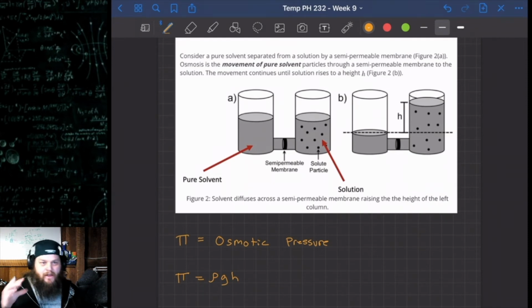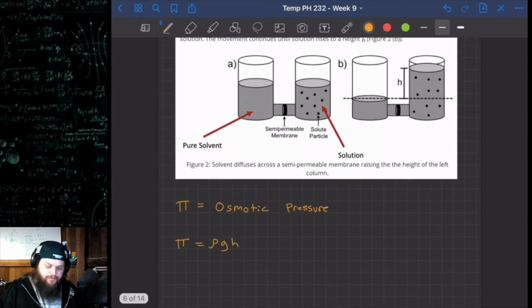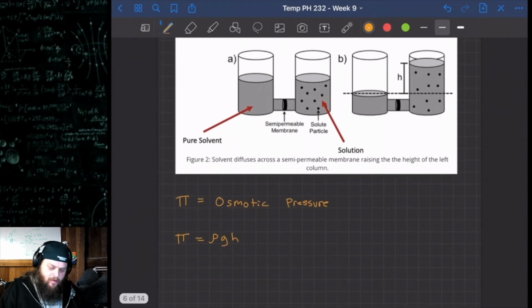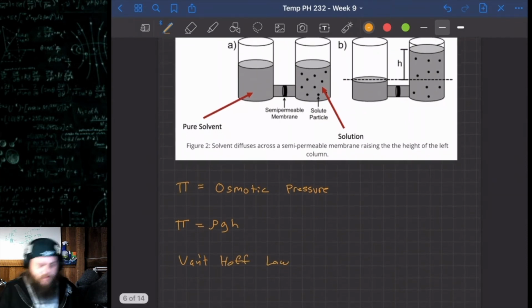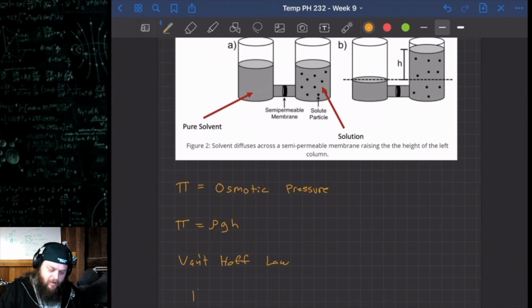So that's the height of the solution. And we have a law that says Van't Hoff's law, which lets us calculate the osmotic pressure based off of the concentration of the solution times R times T.